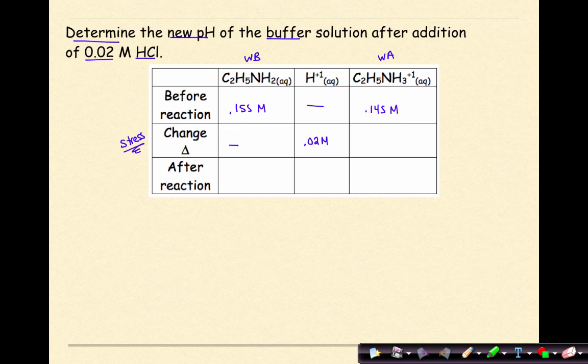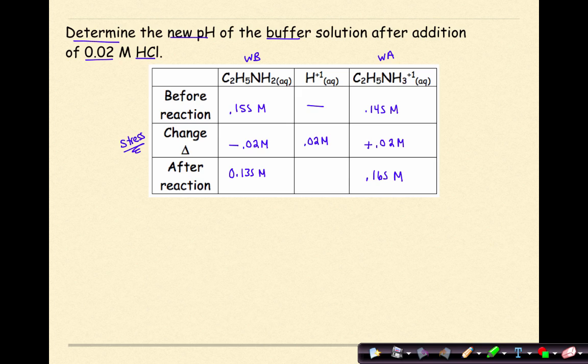So we're going to subtract it from the weak base side, and we're going to add it to the weak acid side, because again, ultimately we know that we're going to use up some of our weak base in order to neutralize the incoming hydrogen ions, but as a result of using up some of the weak base, some of the weak acid will be formed. So that means a total of 0.165 molar weak acid will be formed, and a total of 0.135 molar of weak base will be remaining.